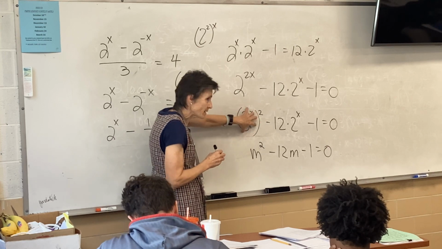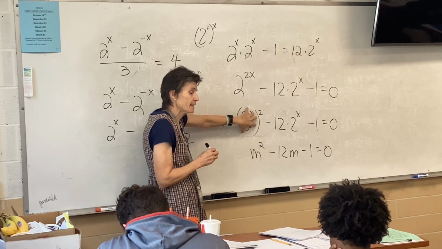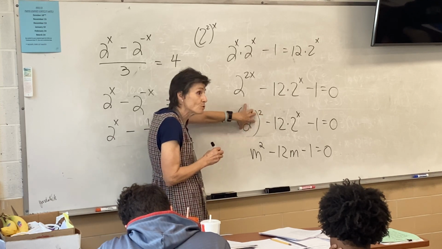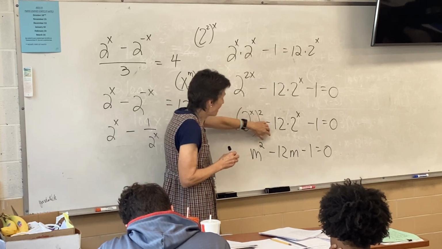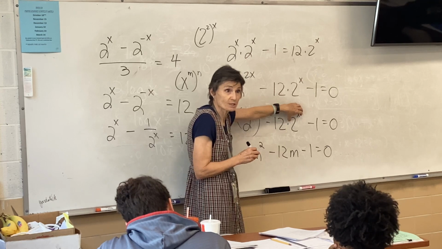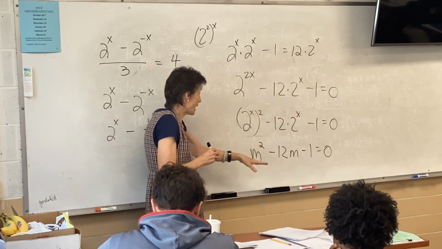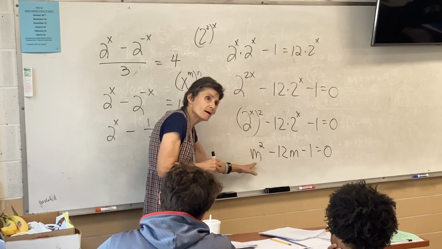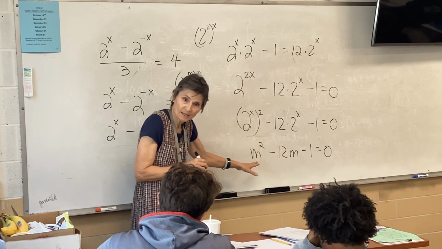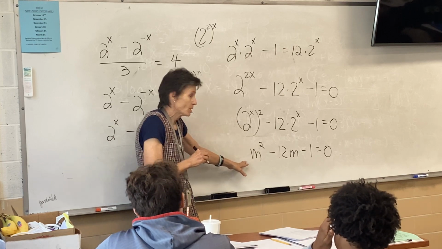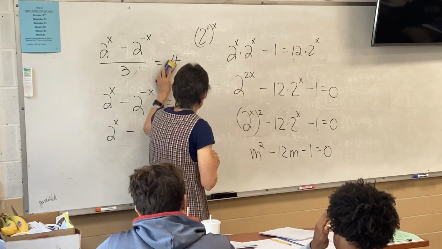Call it whatever you want. In calculus, we use u a lot, call it u substitution. So u squared minus 12 of those u's minus 1. Now, when I write it that way with m's or u's or x's or something, that's solvable, right? I could solve that. What would I do to solve that?